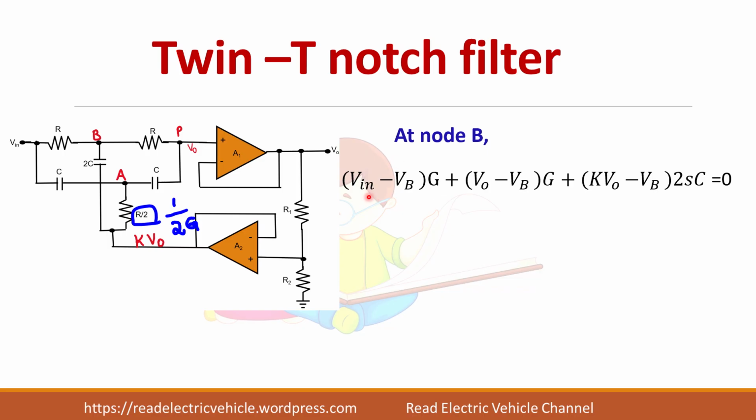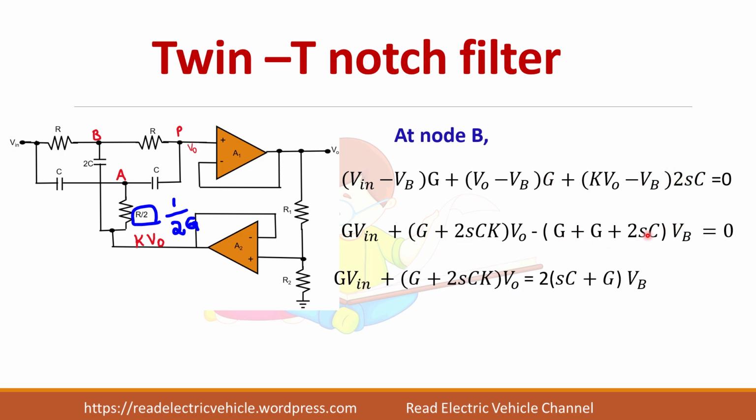Okay. So let us again separate the Vin part, which is G into Vin. V0 part is G plus 2SC into K. And again we will write the VB parts. This is G, another G here, and 2SC here. Now we will simplify this one.